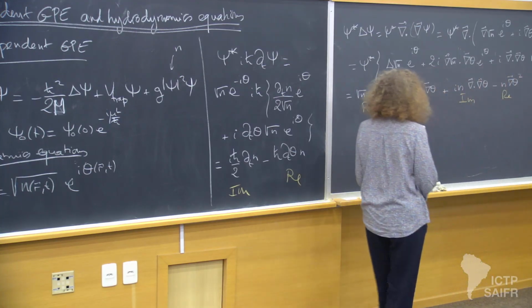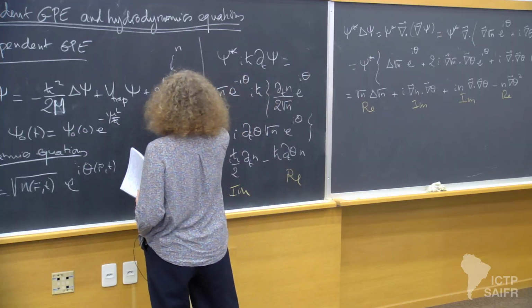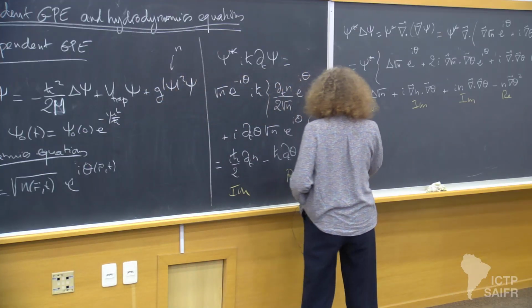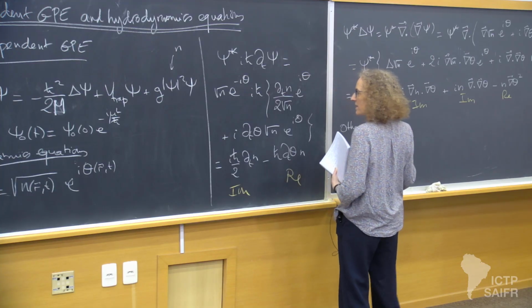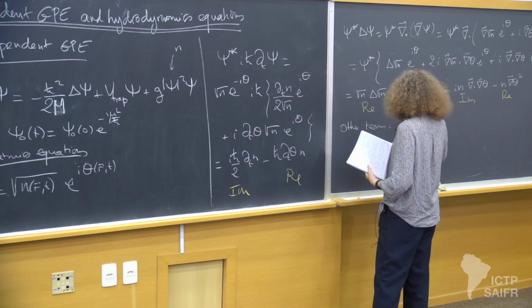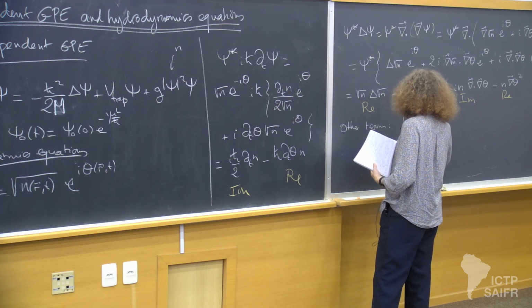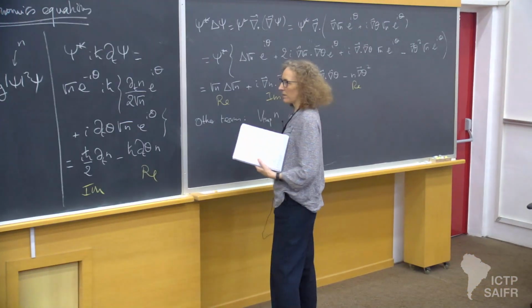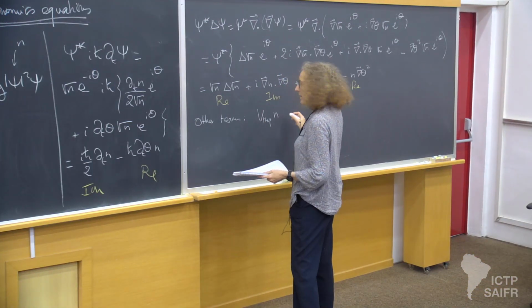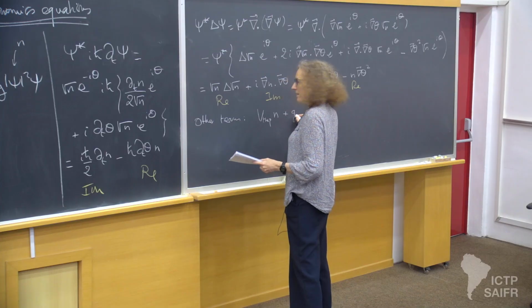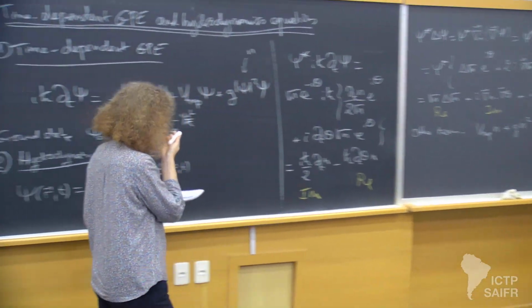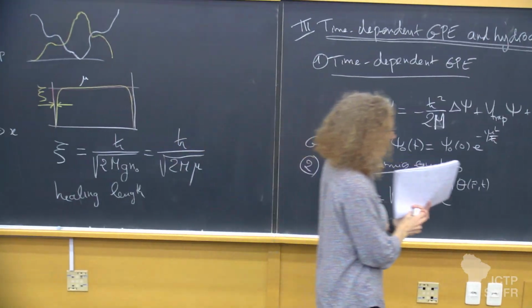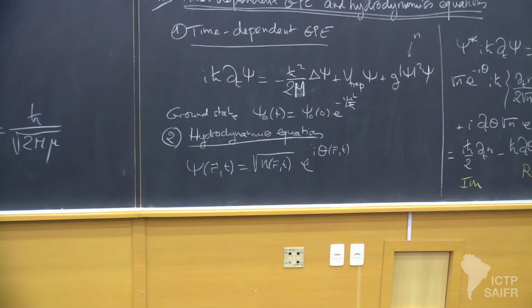And the term I am missing now, the two last ones, the other ones, it's just V trap n, if I multiply by psi star, plus g n squared. Okay, and they are real. Question? No?